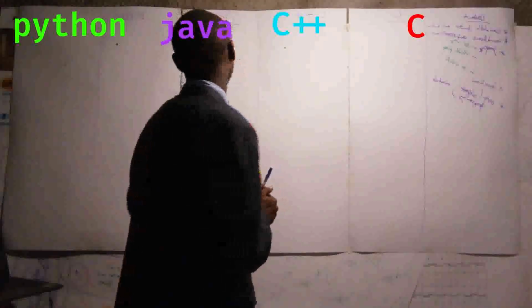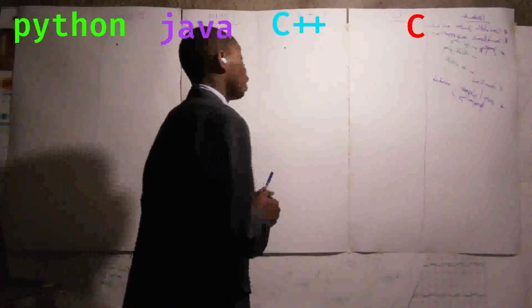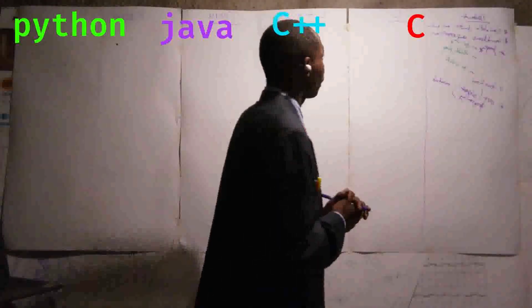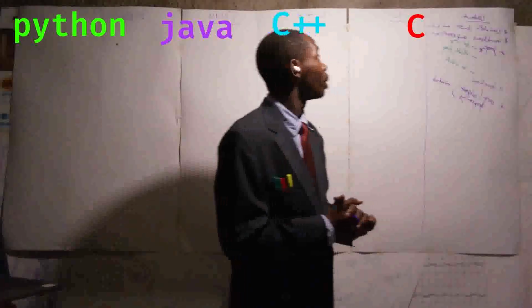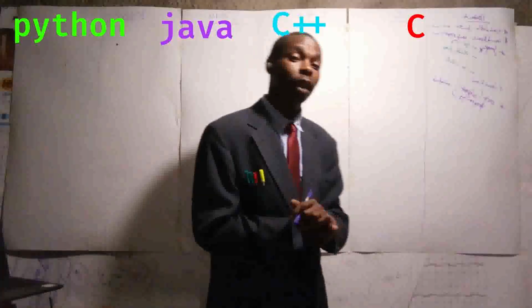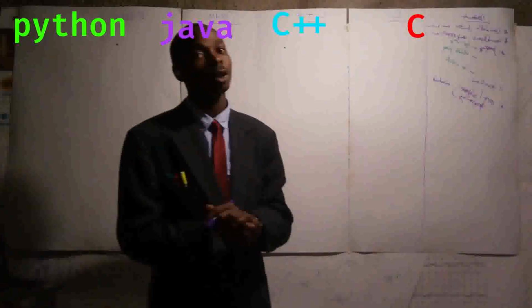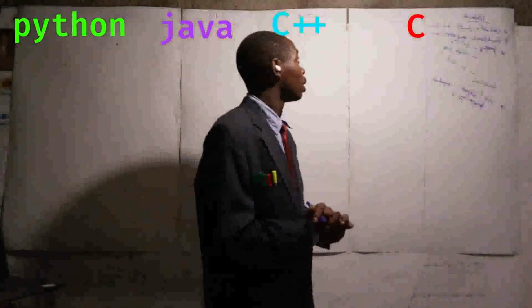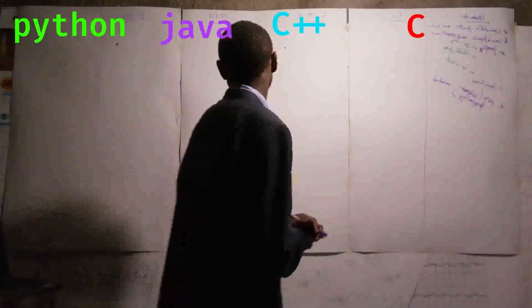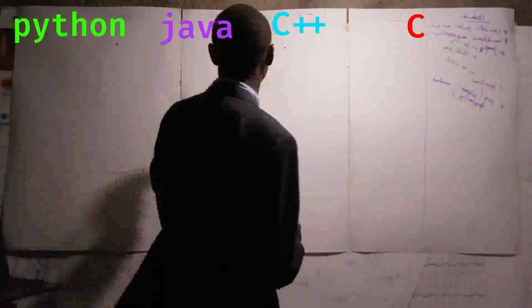Python is a scripting language, but it also has object-oriented programming. C and C++ have the same main function, where the code starts executing, and Java has one too.